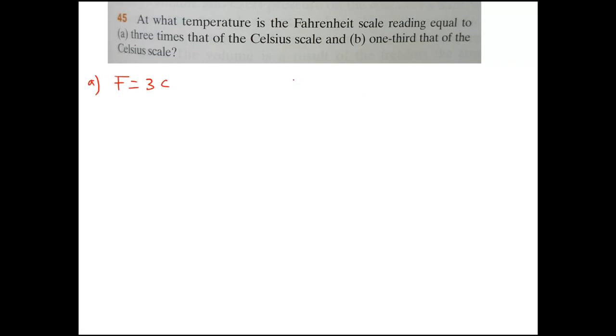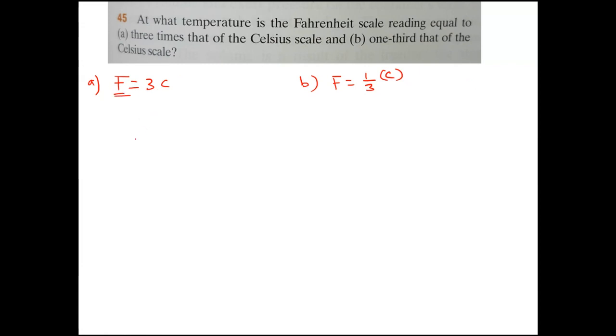What is given in the second question? F is equal to 1/3 times Celsius. So first of all, I am going to consider the first question, and you have to give the answer in terms of the Fahrenheit scale.